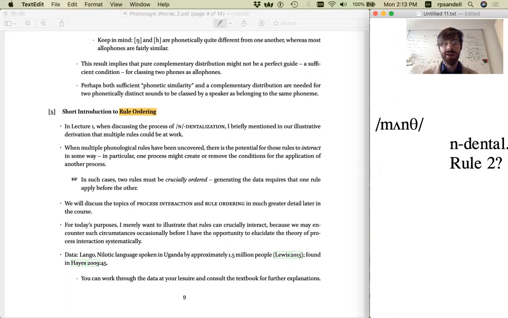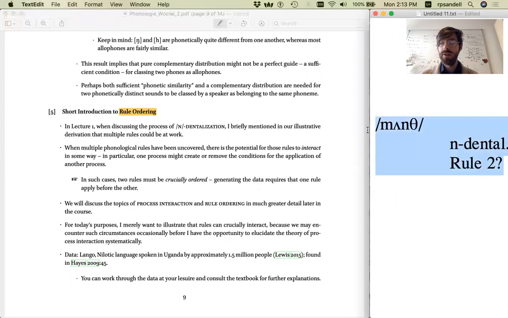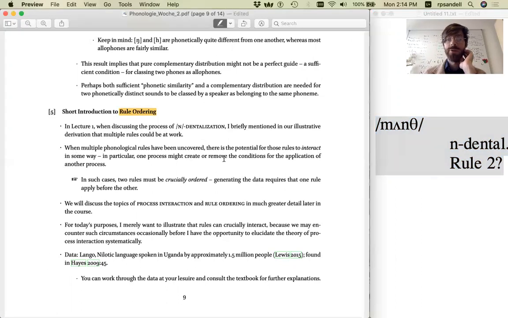which these rules apply. So I want to make this explicit here, and the reason why we have to be aware of the arrangement, the ordering from top to bottom, so to say, of these rules, is that when you uncover multiple phonological rules, there's the potential for the rules to interact, to play with one another, so to say.